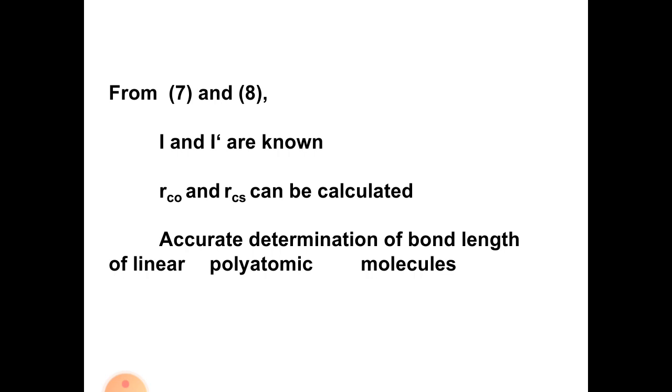From the study of rotational spectra of a parent and isotope molecules, I and I dash are known. Hence, two unknown bond lengths RCO and RCS can be calculated. Thus, microwave studies lead to very accurate determination of bond lengths of linear polyatomic molecules. Thank you.